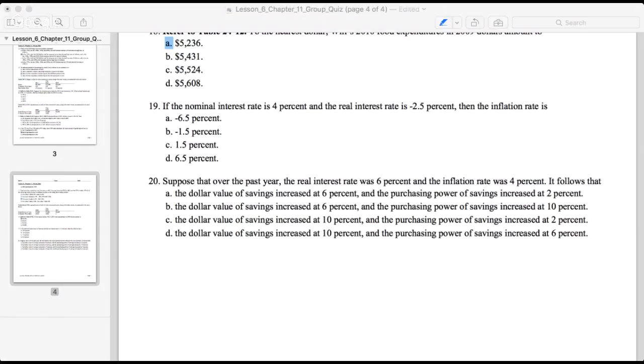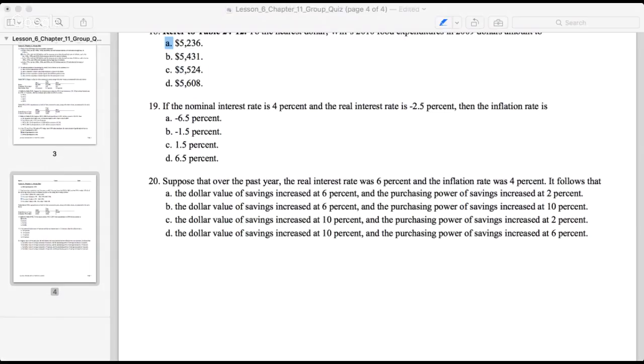How did I explain that equation again? I hate negative numbers. But I still got D. I don't know if I did it right or not. I did the real and the nominal interest rate, but I did the wrong thing.